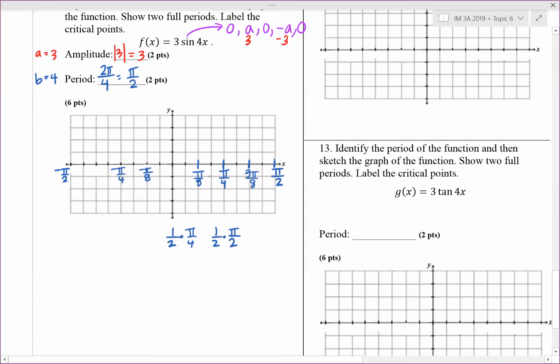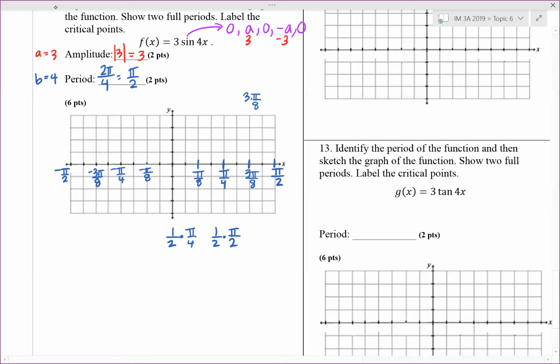The shortcut here is taking pi over 8 and multiplying it by 3. So every time this is building: I figure out the period, multiply it by half to get the middle, half to get the middle again, and then to get that last one, I multiply the first one by 3. So then I have negative 3 pi over 8.